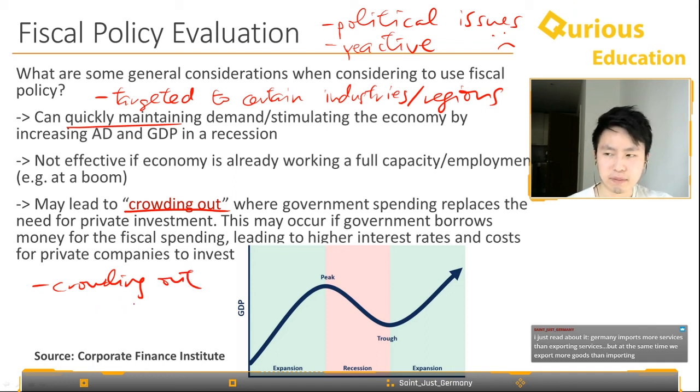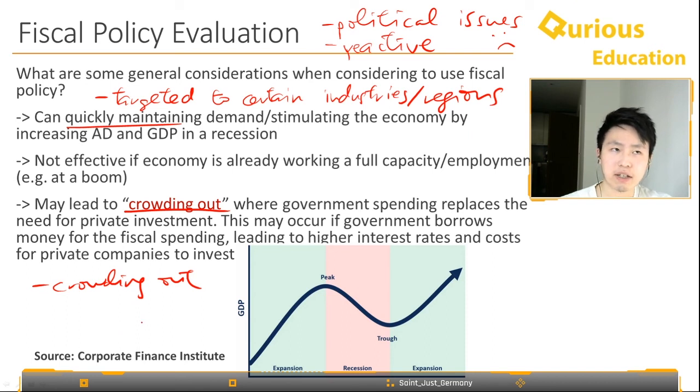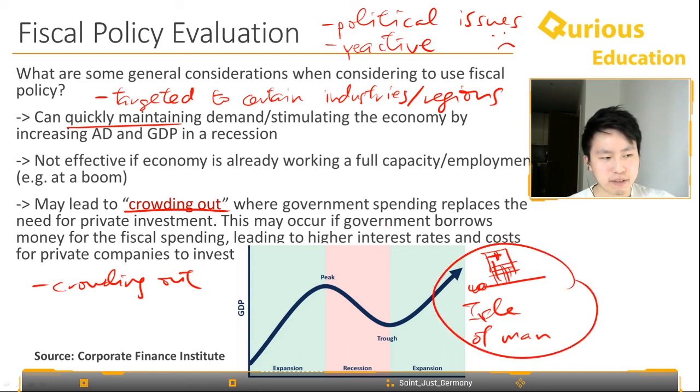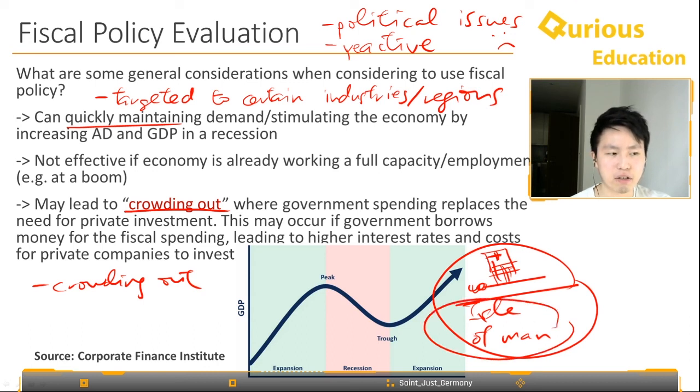So what crowding out means is that sometimes when the government spends money and implements fiscal policy, say they want to create a new hospital in the Isle of Man, in the middle of nowhere, and the government does decide to build the hospital there, then this takes away the opportunity for the private market to build it, because the government has already satisfied the demand for medical services in the Isle of Man.